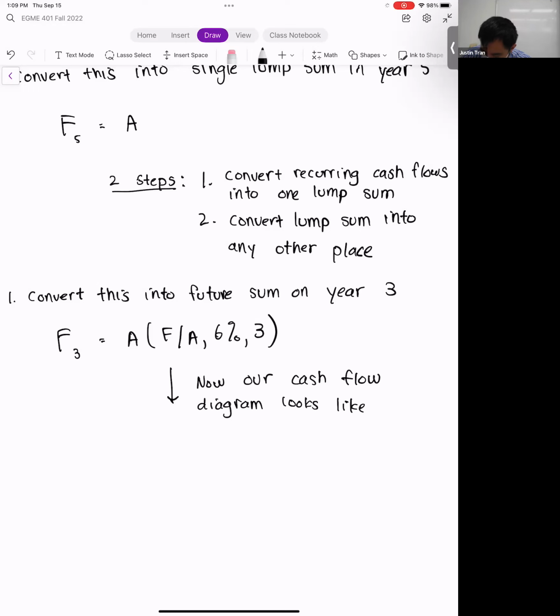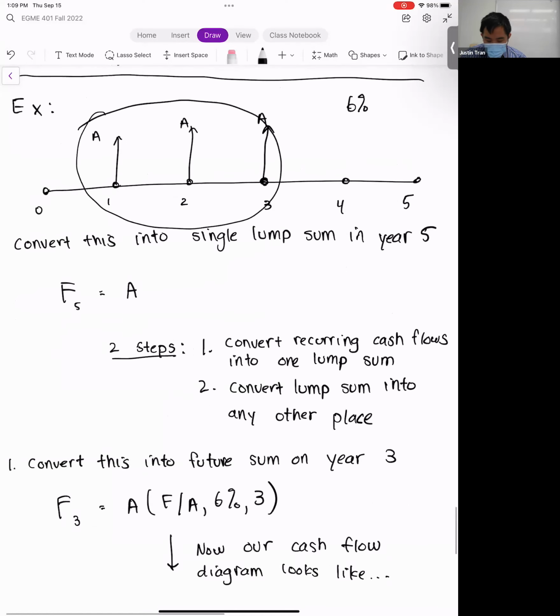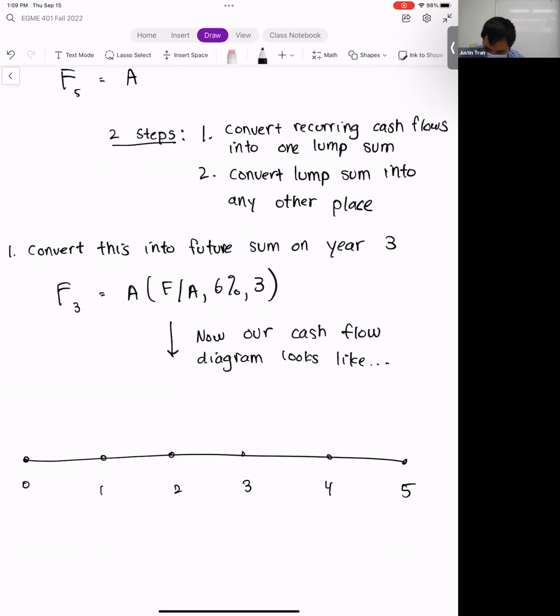Right. So after we do this one conversion, now our cash flow diagram looks like the following. Okay. And so we took this uniform series and lumped it together into a lump sum on year 3.